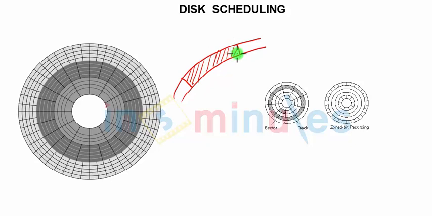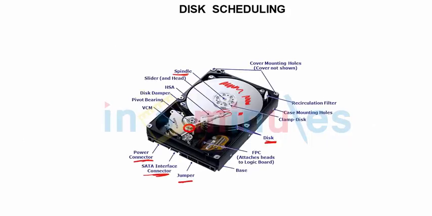As you can see in this diagram, this is the sector and the circle is a track. So basically we are talking about storing the data on a hard disk in sectors, which are formed by breaking the tracks in concentric circles.